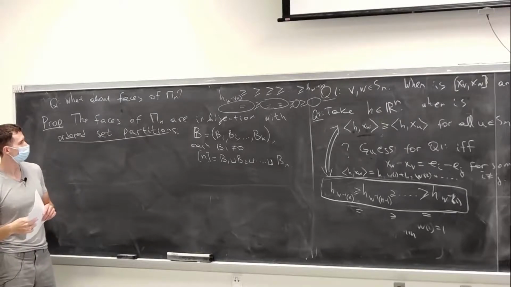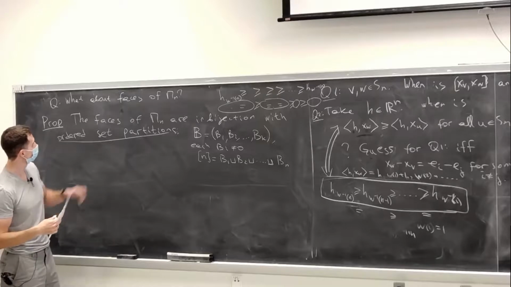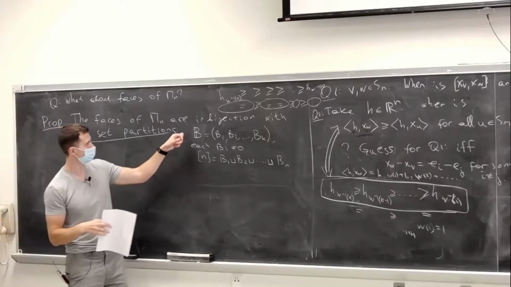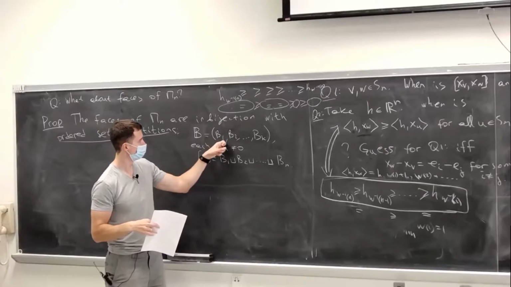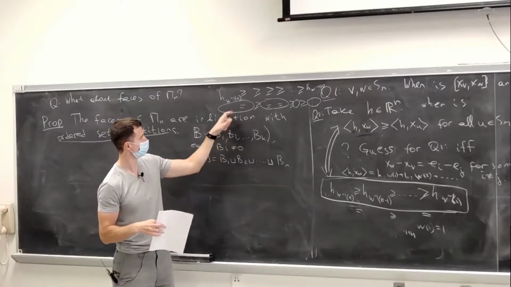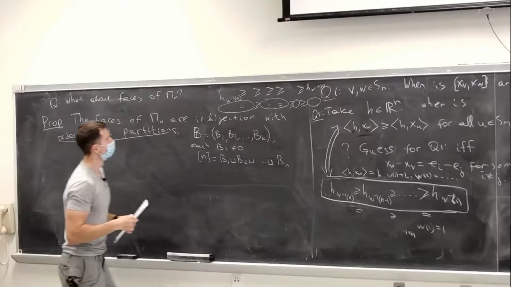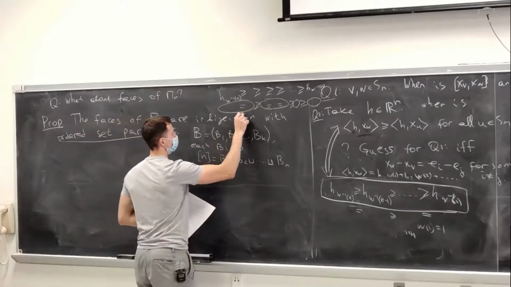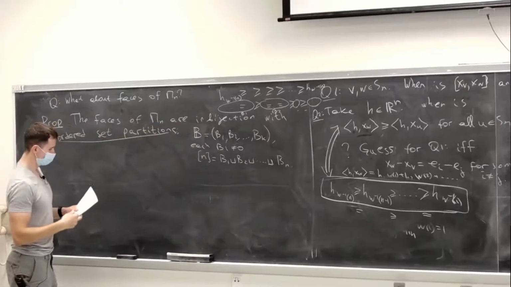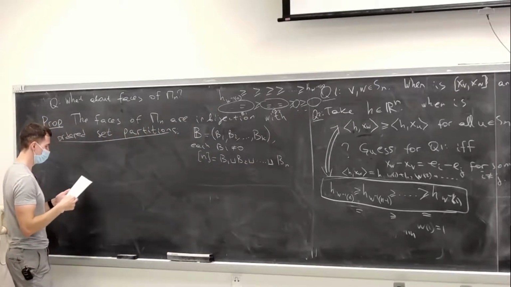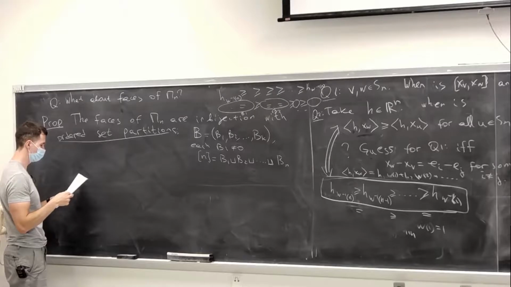So I claim that each face uniquely gives me an ordered set partition. It matters which part is the first one, which is the second one, and so on. These are the parts here, B1, B2, and yes, I should write this bijection down exactly.